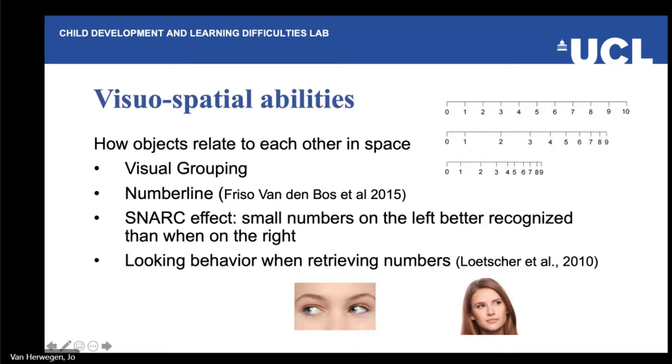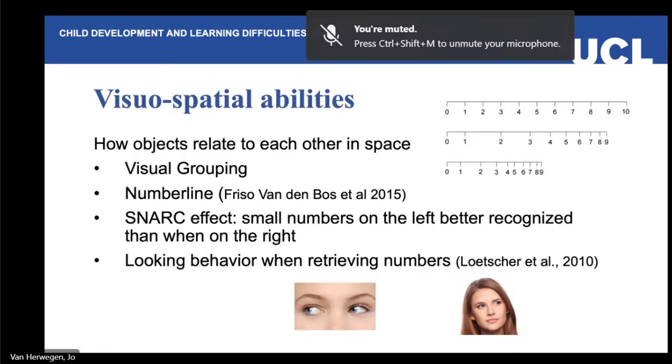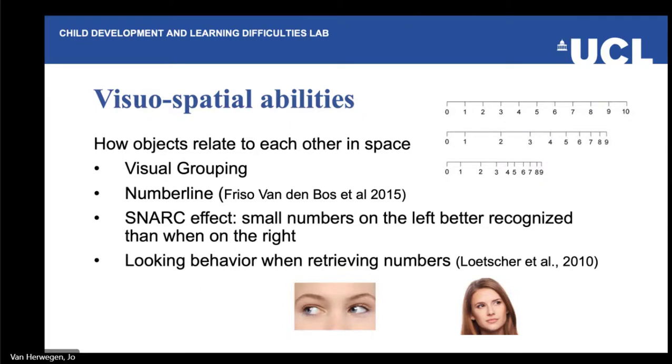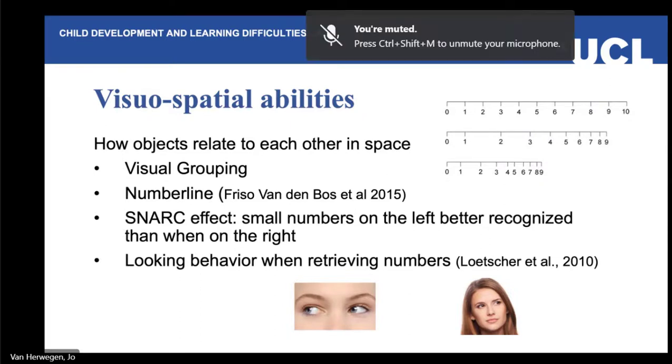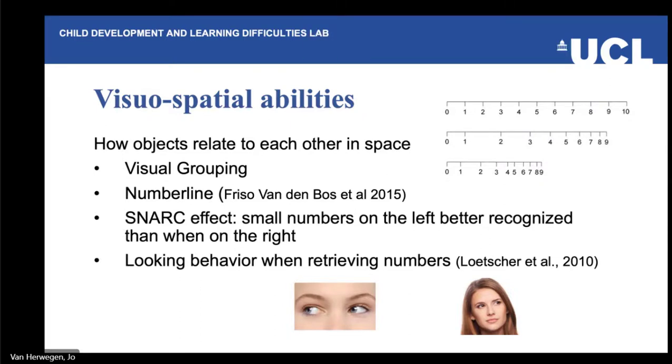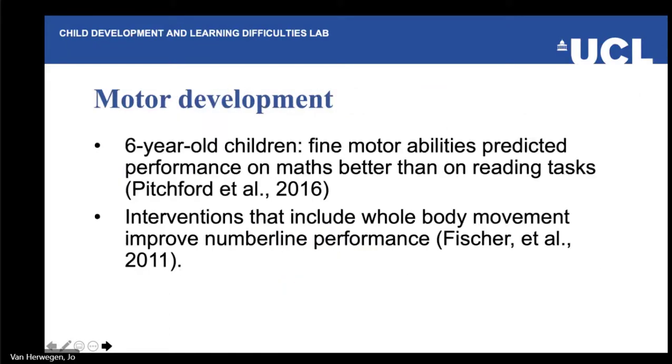And we also know, like the SNARC effect, that if you present numbers on the screen, for example, number 3 and number 8, and you say which one is larger, people can do this faster if the larger number is on the right and the smaller number on the left, for people who read from left to right. So if you do this in Arabic countries, for example, this needs to be reversed because they read in a different reading direction. So we know that visuospatial abilities, how things relate to each other, also impact on mathematical abilities.